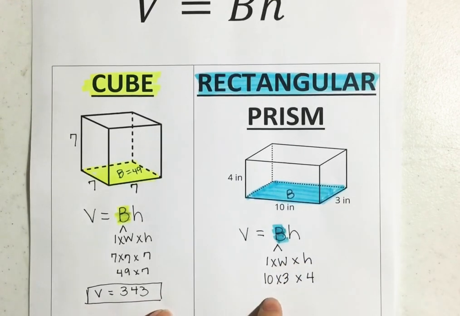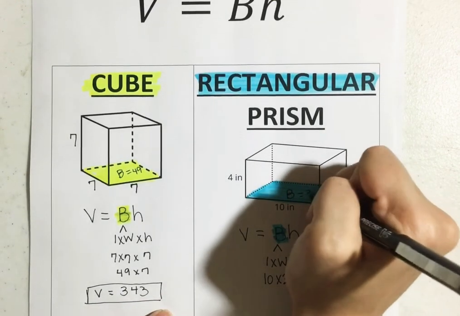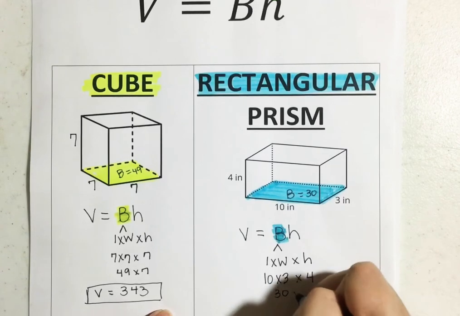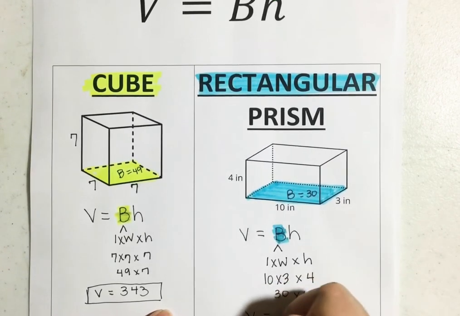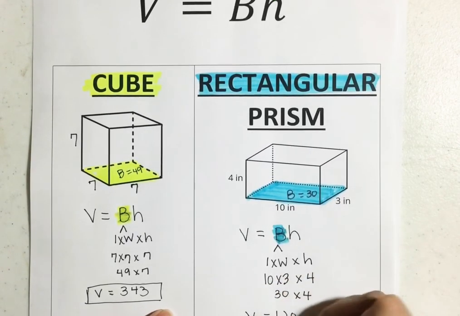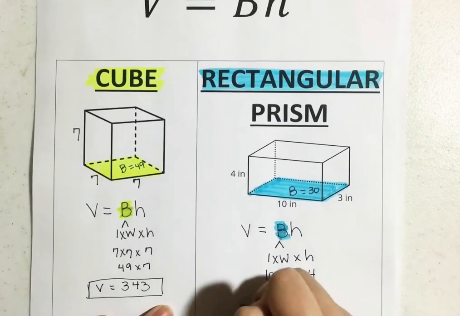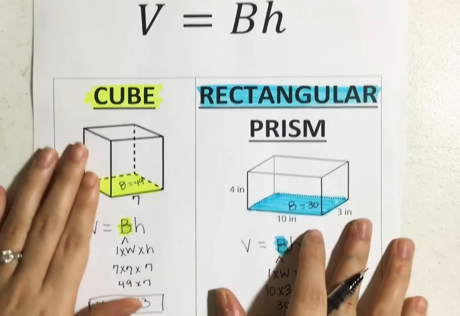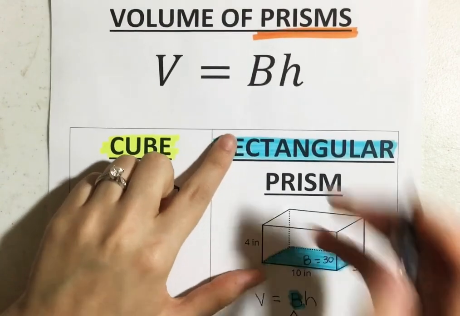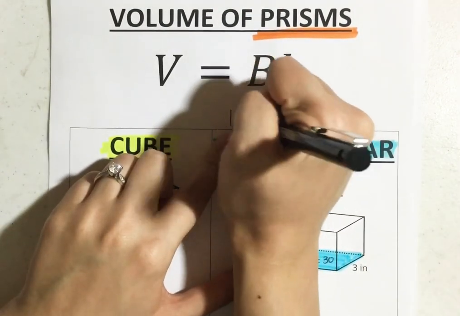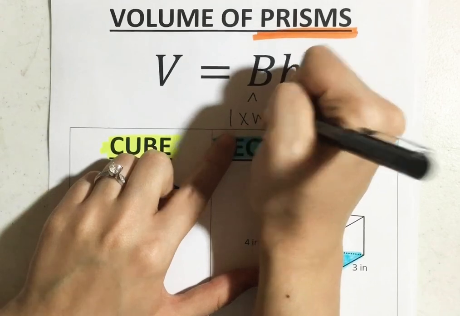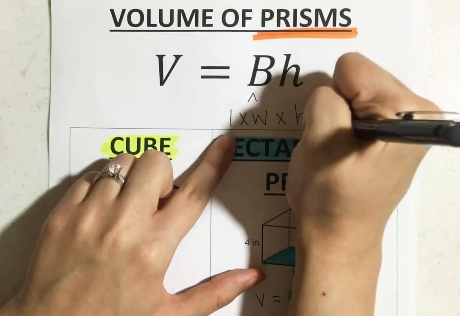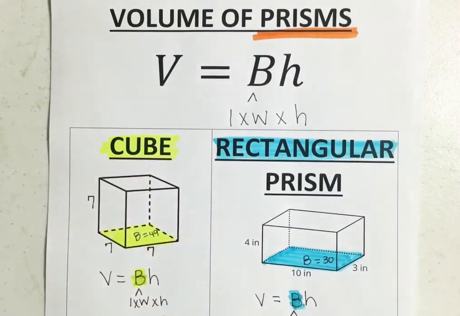So for your base, 10 times 3, that's 30. Times 4 of the height, my volume equals to 120. So again, if it's a cube or a rectangular prism, you can rewrite your formula as length times width for the area of the base times the height, okay?